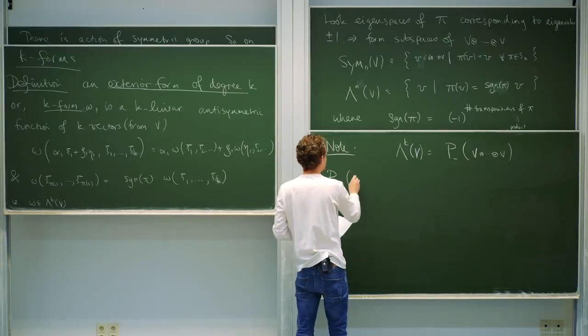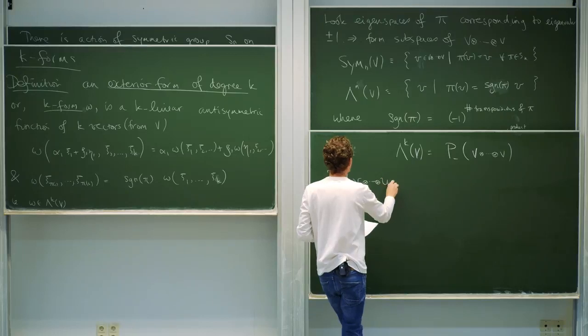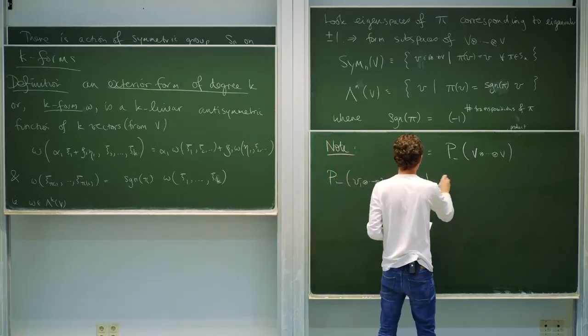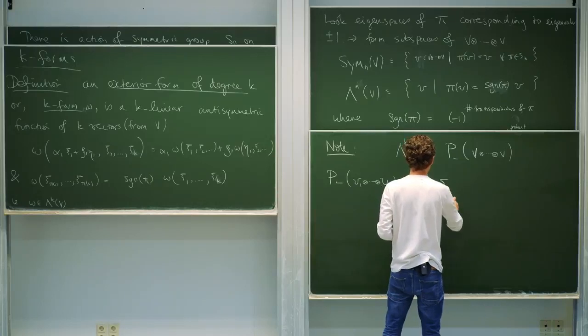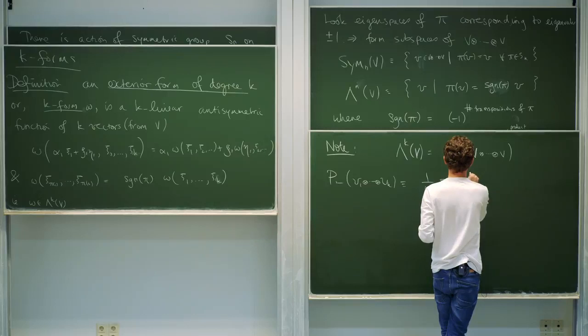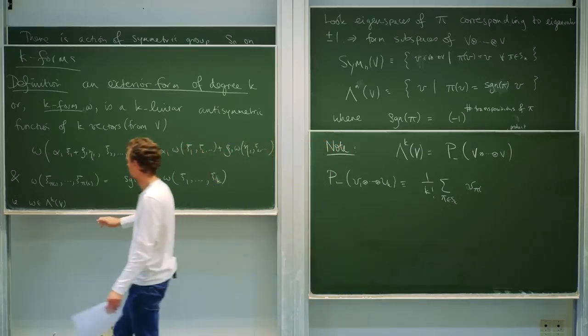So P minus acting on some vectors V1 through to Vk is defined to be 1 over k factorial, the sum over all permutations of k things. Sorry, I made one mistake here.